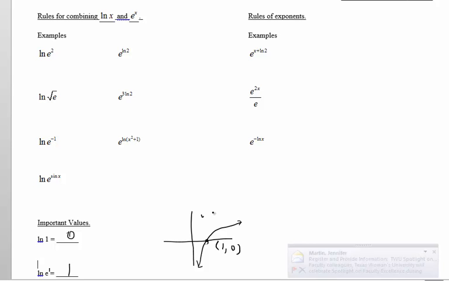I've attempted to draw the natural log graph. So if my input is 1 for x, hence natural log of 1, then my output is going to be the y-coordinate, or 0. So just try and visualize graphically the ordered pair 1, 0. So if you ever ask what's the natural log of 1, hopefully 0 will pop in your mind pretty quickly.